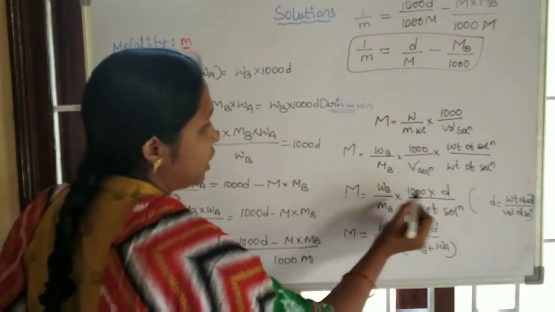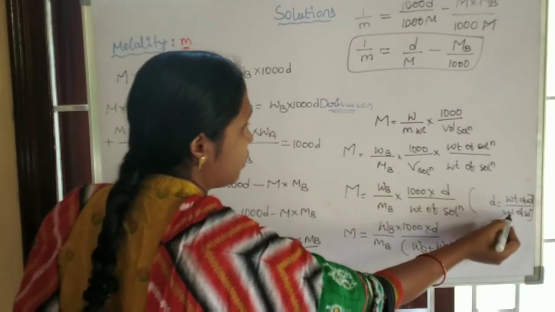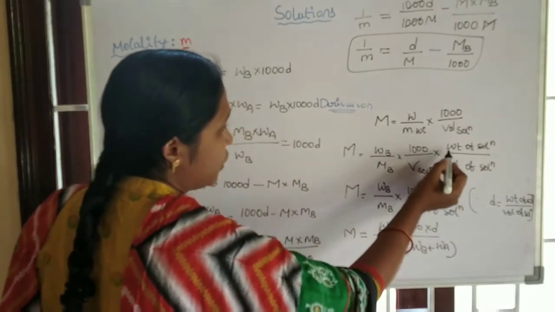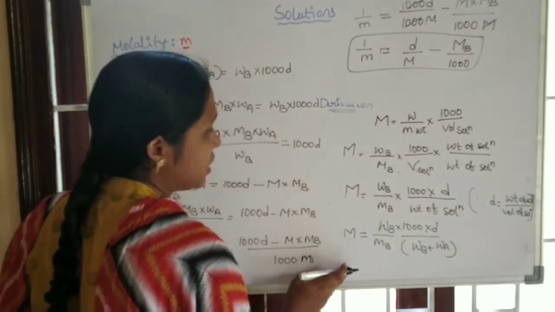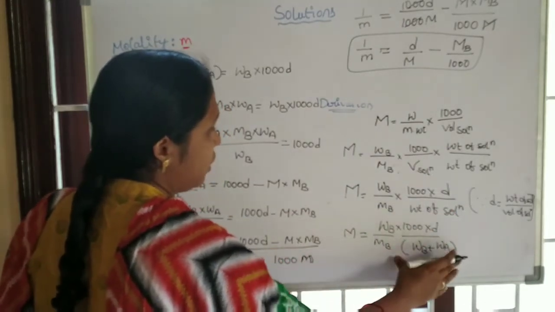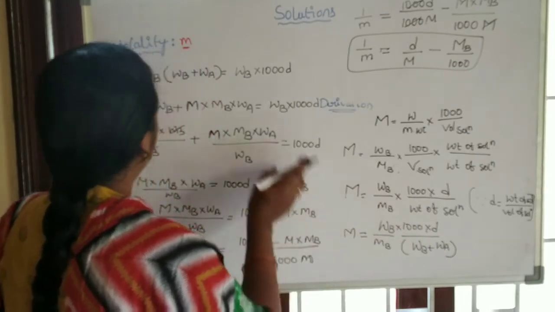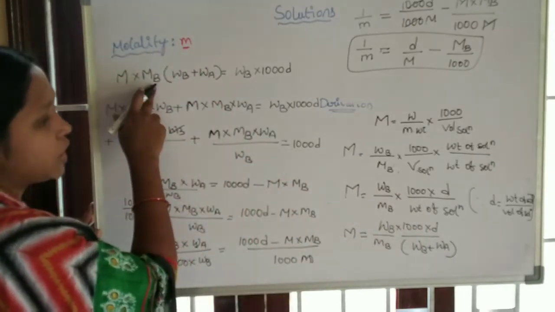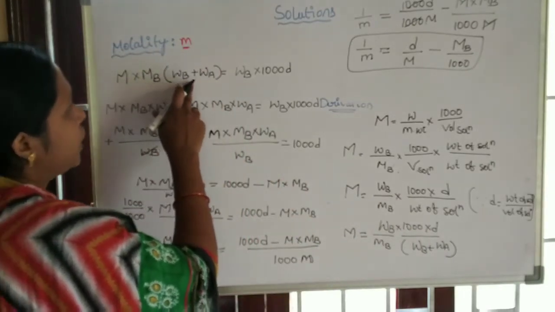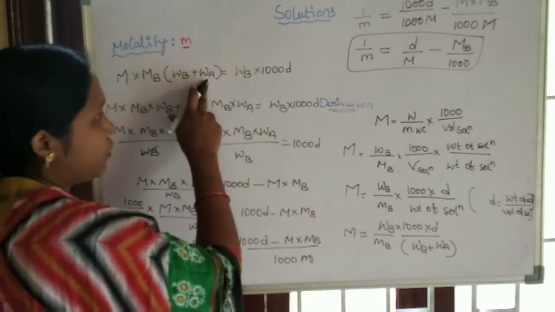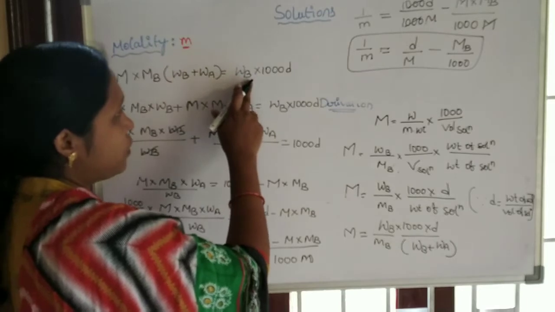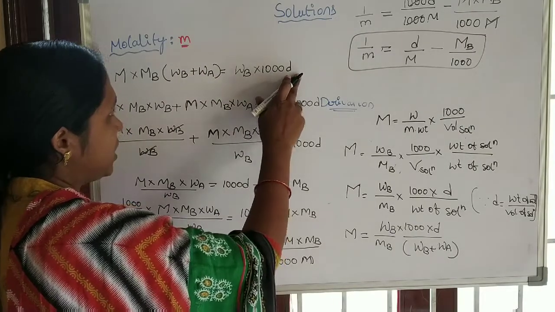And the density of solution means weight of solution by volume of solution. So weight of solution and volume of solution are replaced by the density. After the denominator coming here, molarity into molecular weight of solute into WB plus WA. That means the weight of solute plus weight of solvent equals weight of solute into 1000 into density.